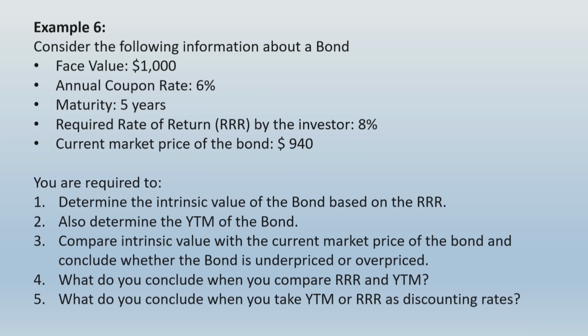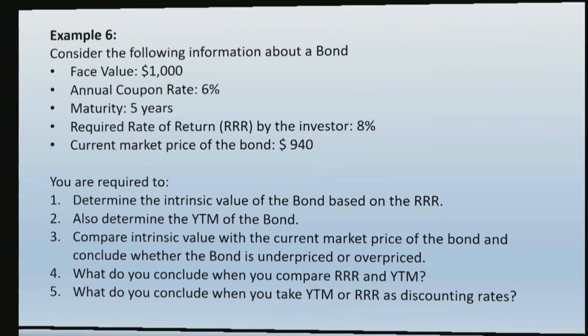And what do you conclude when you take YTM or RRR as discounting rates? So the later part of this question's requirement is more of conceptual understanding, and the initial part of the question set is all about computations. So let us first finish the computation part.